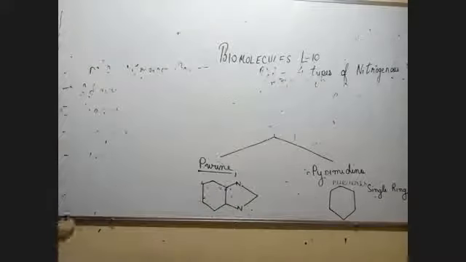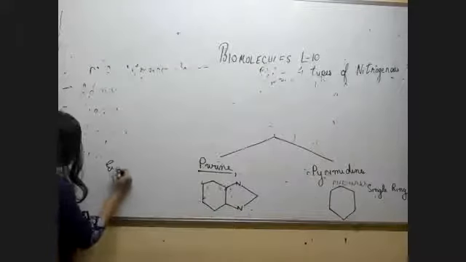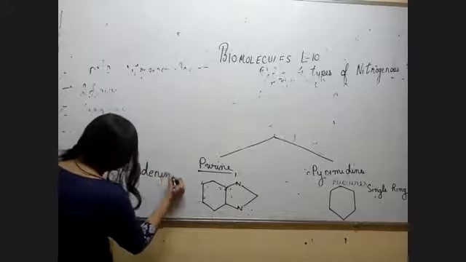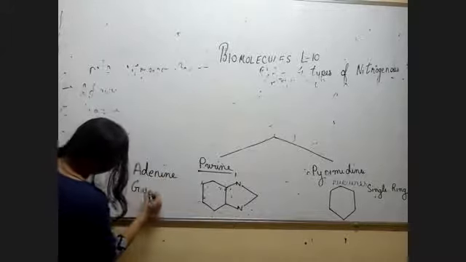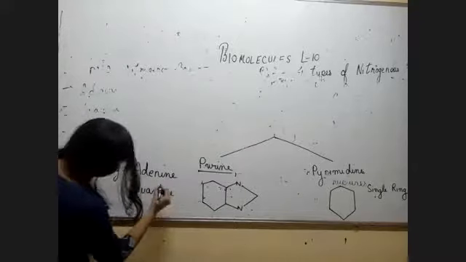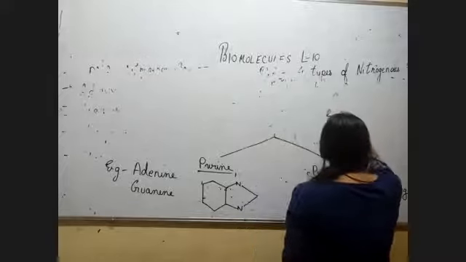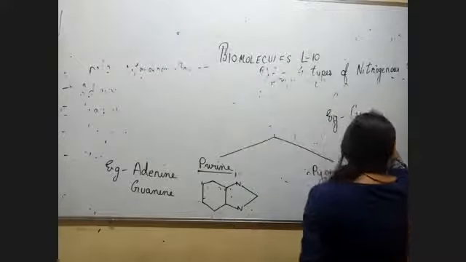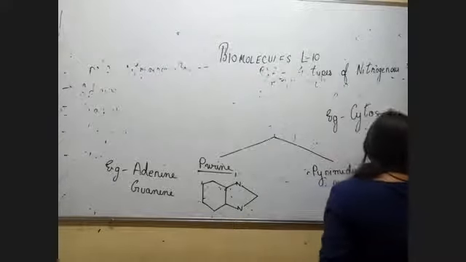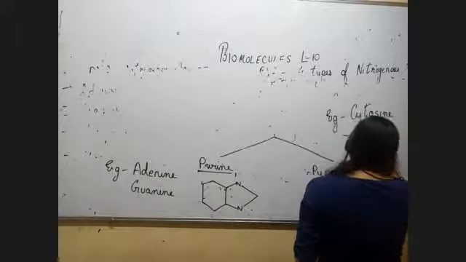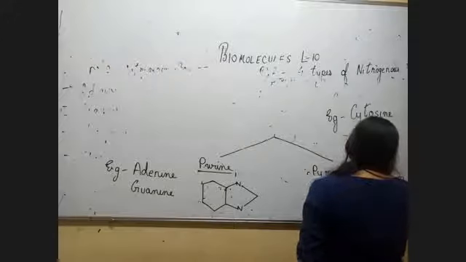Example of purine is adenine and guanine. Example of pyrimidine is cytosine, uracil, and thymine.